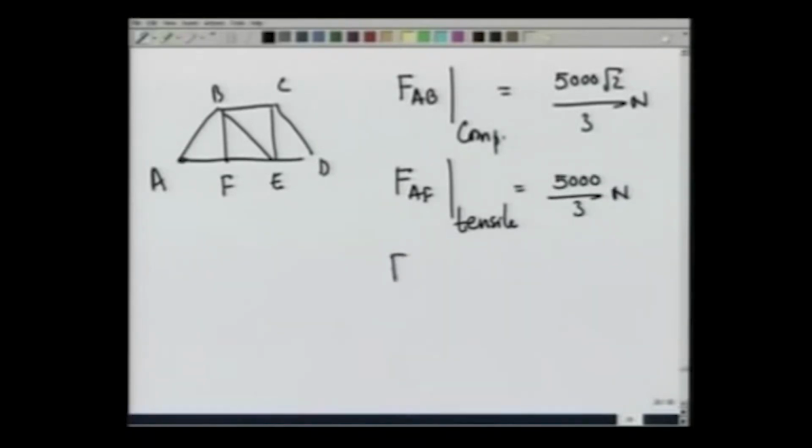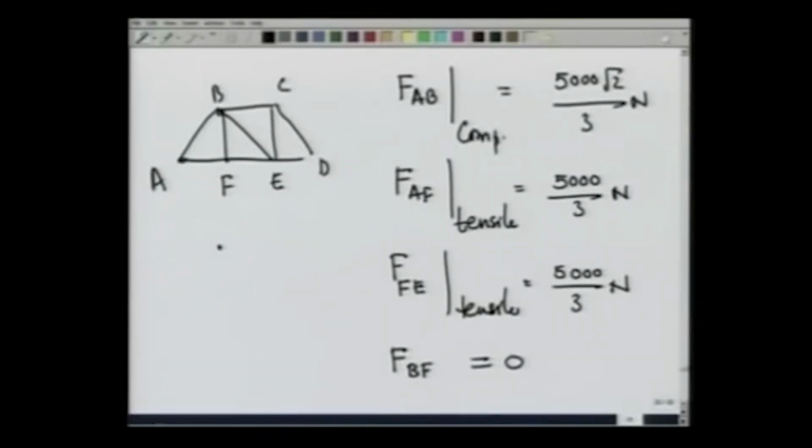We have determined FFE, which is also tensile, and its magnitude is 5000 over 3 newtons. We have determined FBF to be 0. We are now ready to analyze point B.